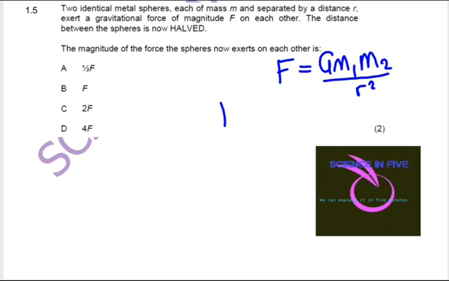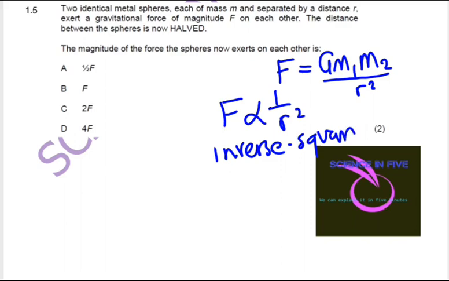From this, we discover that the force is inversely proportional to the squared distance, and this gives us the idea of the inverse square law. How the inverse square law works is simple: identify the factor, invert it, and then square. Now they say the distance has been halved, so the factor here is a half.